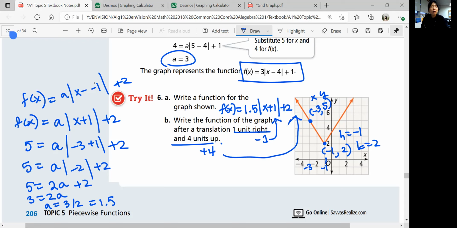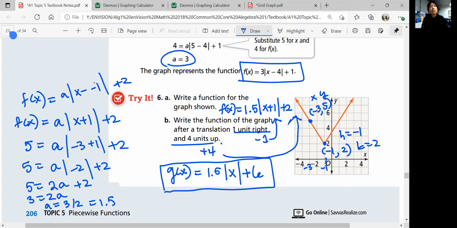Okay, so your transformation will have an equation of 1.5 times absolute value of x, because -1 is just 0, plus 2 plus 4 is plus 6. Okay, there you go. So these are our answers for A and B.